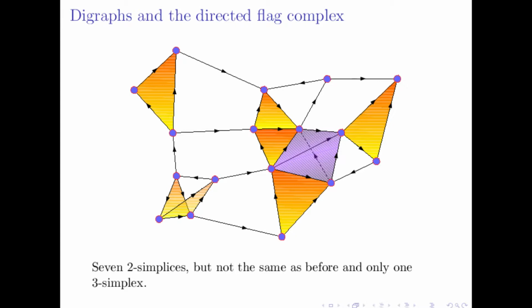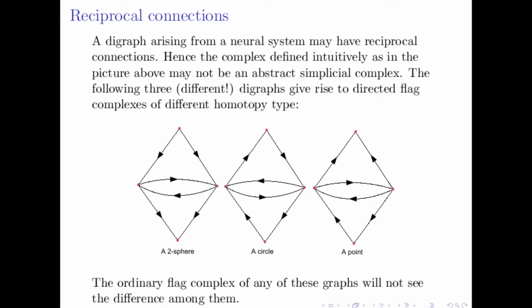Another issue is the issue of having reciprocal connections. If you look at these three graphs and at the associated undirected, unordered flag complex, you get exactly the same thing, just two triangles, because these two edges will basically be the same edge. In a graph, the way we are thinking about it anyway, we're only thinking whether two neurons are connected to each other, not whether they're connected with two edges.